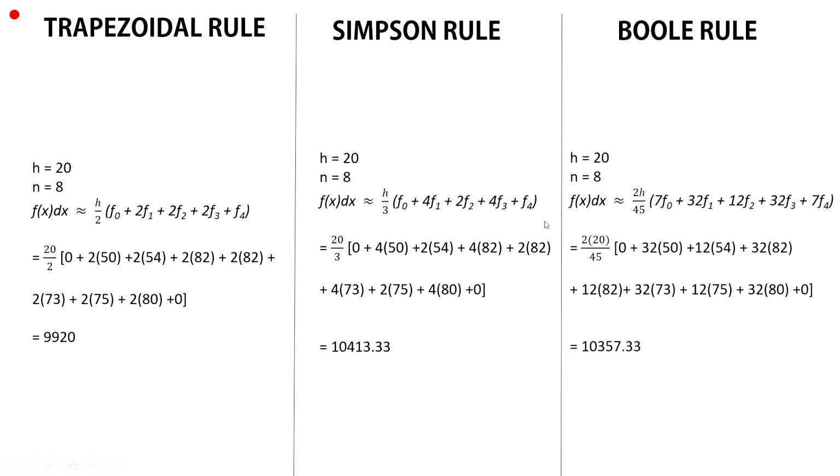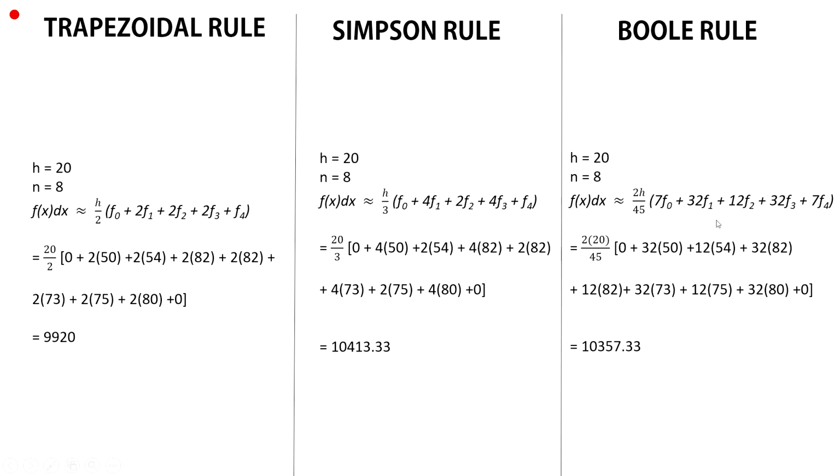Moving on to Boole's rule. Boole's rule is just the same, but we have to multiply h by 2 and divide by 45. So we start off with 7, 32, 12, 32, plus 7. That is how it should be for Boole's rule.